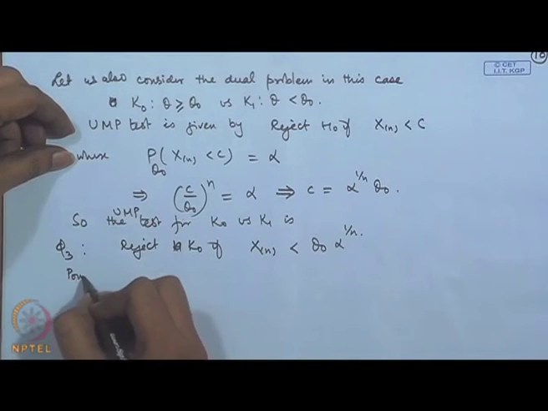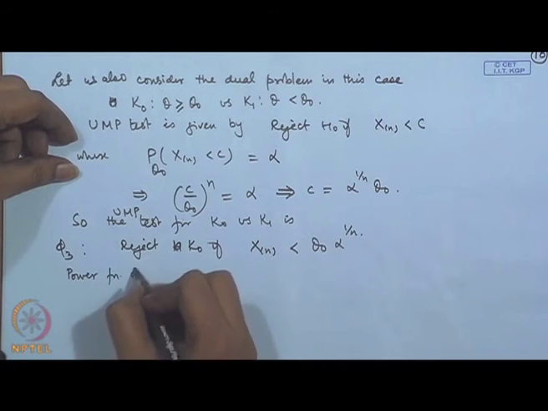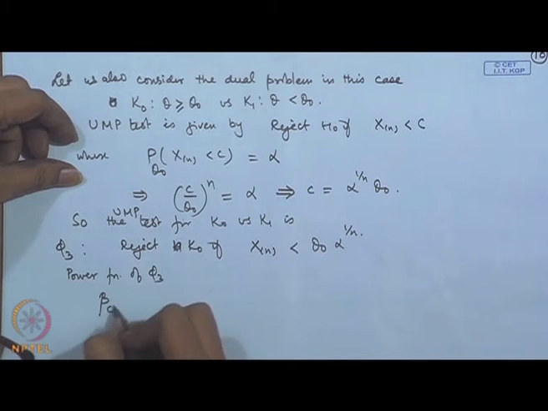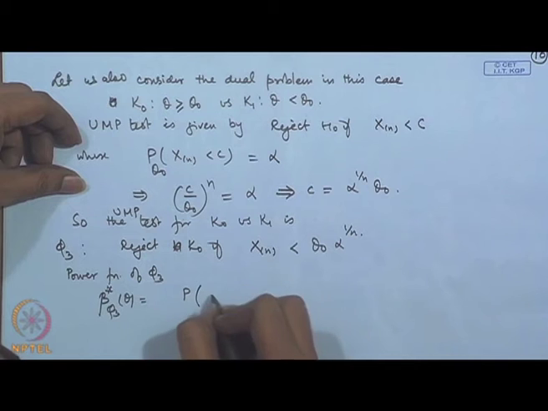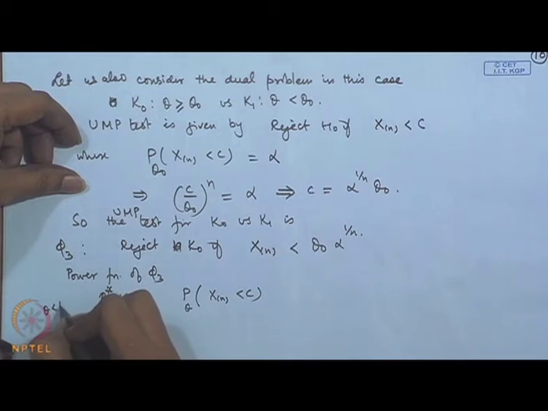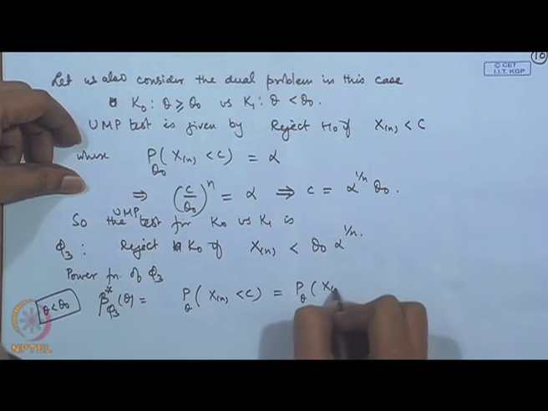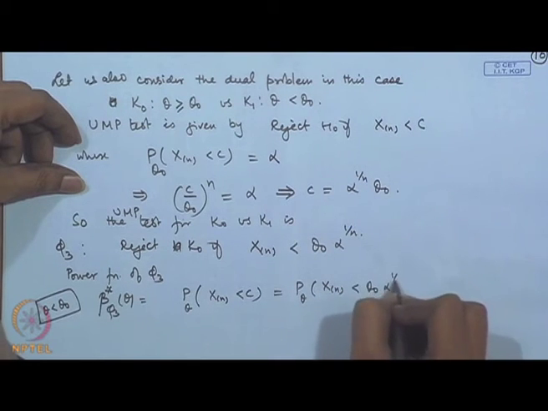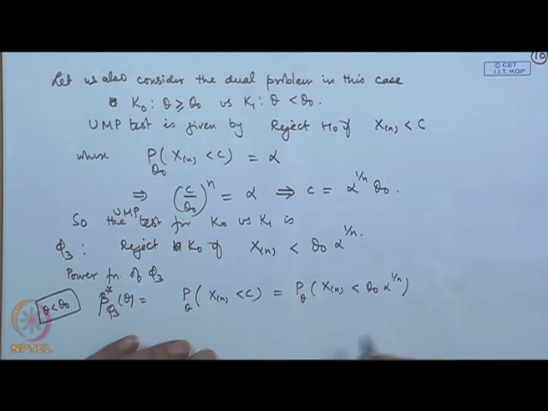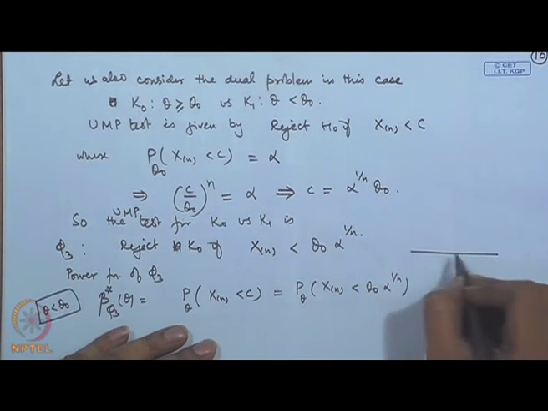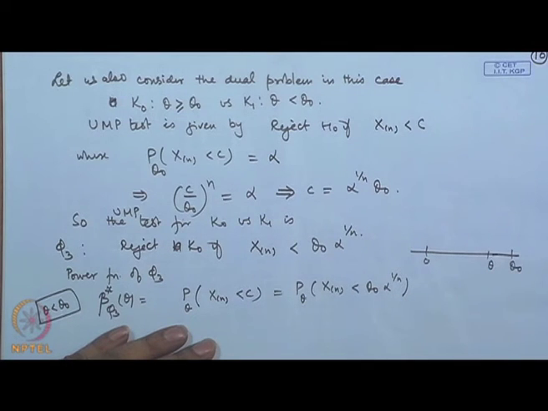Okay. We may also consider the power for this part, the power function of phi 3, that is beta phi 3 of theta, that is equal to the probability of x n less than c when theta is the true parameter value, but theta is less than theta naught here. That is equal to P theta of x n less than theta naught alpha to the power 1 by n. Now, the range of x n is from 0 to theta, and this theta is less than theta naught.